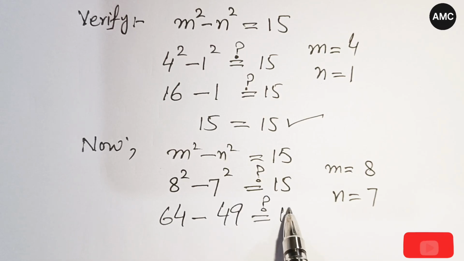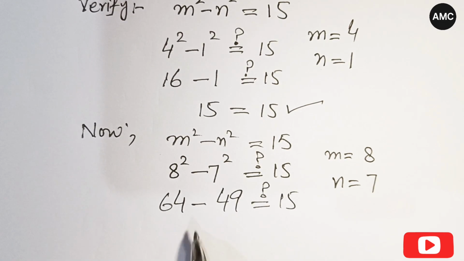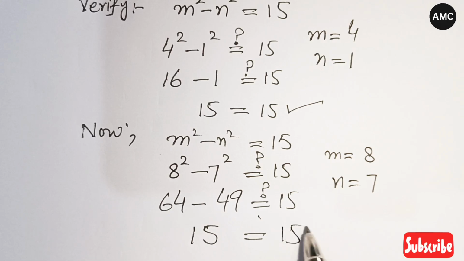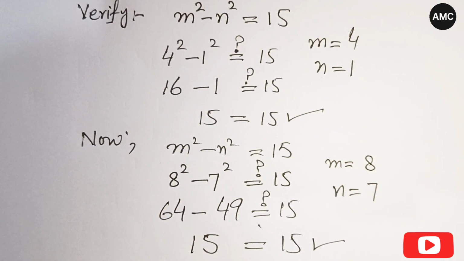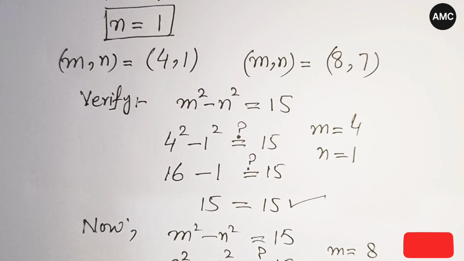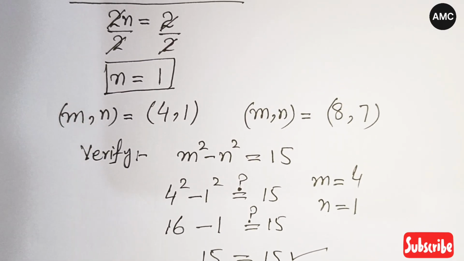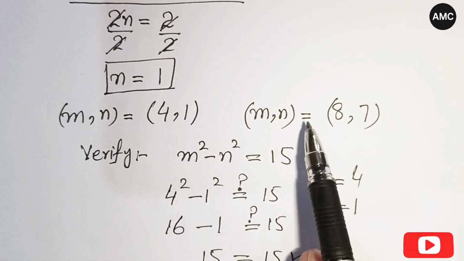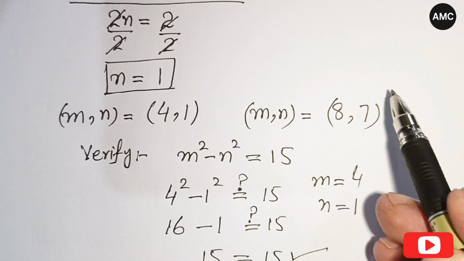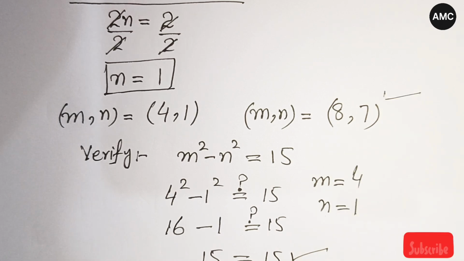When we subtract 49 from 64, we will get 15, that is equal to 15. So hence our left hand side is equal to right hand side. So we will get our final answer, that the values of m and n are 4 comma 1, similarly 8 comma 7. So it is our final result.